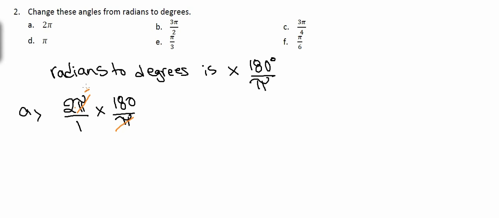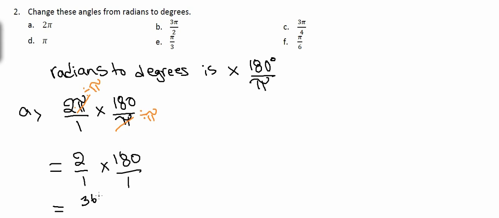So I'm going to divide this by pi, I'm going to divide this one by pi, and that would pretty much leave me with 1 there. So that means once I've done that division, I have 2 over 1 times 180 over 1. And of course, with multiplying fractions, multiply the top two numbers. So 2 times 180 gives me 360.